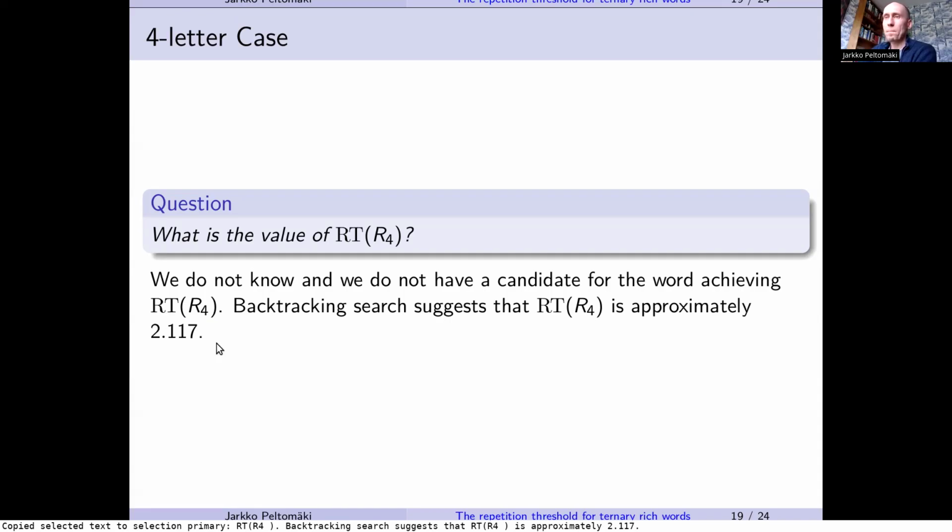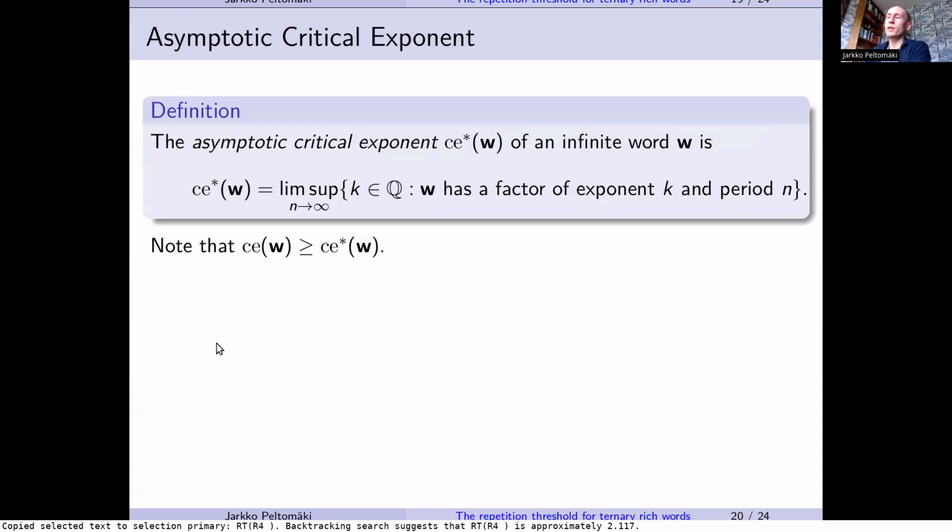And then I want to end this talk by talking about a related problem, which concerns this notion of asymptotic critical exponent. Here's the definition of the asymptotic critical exponent of an infinite word, but it's just a lim sup version of the usual definition of a critical exponent.